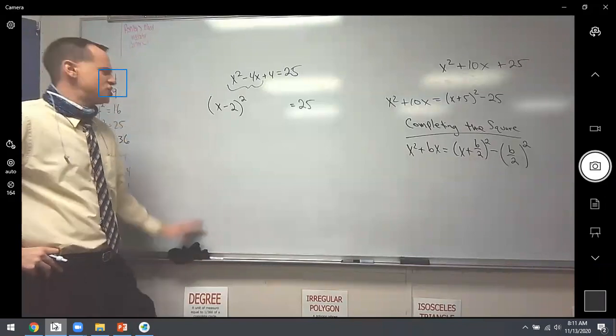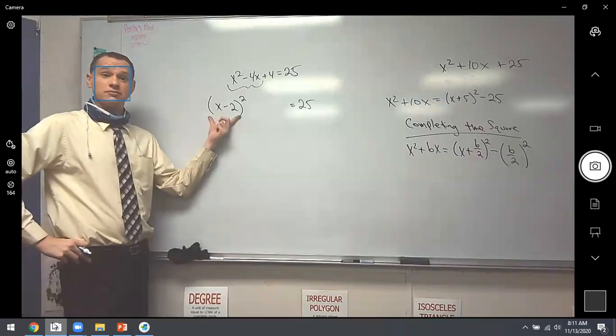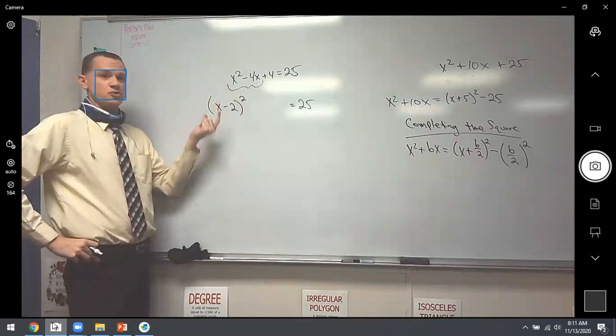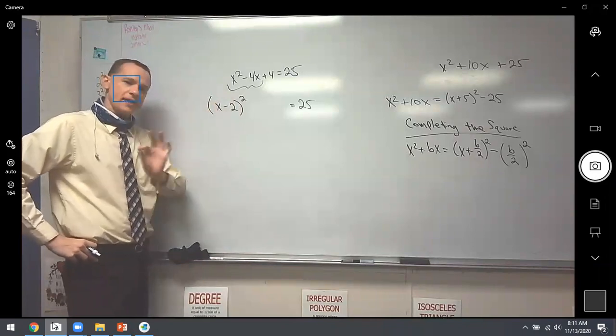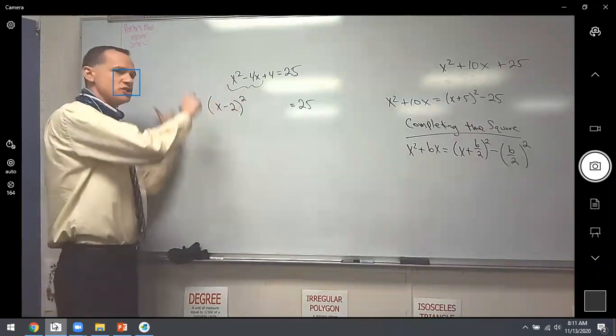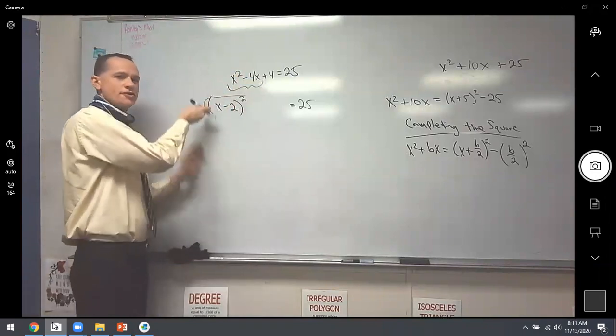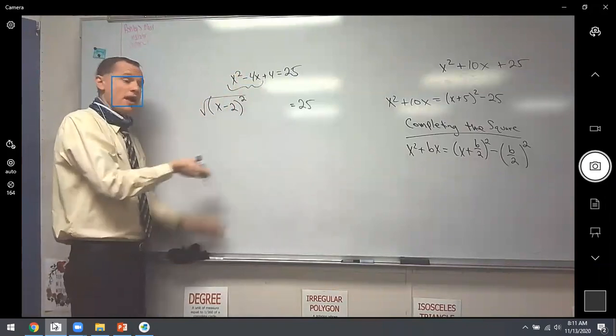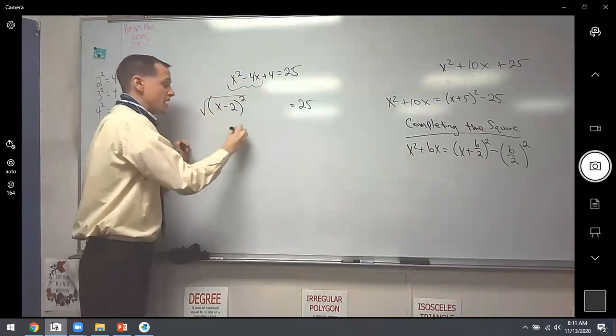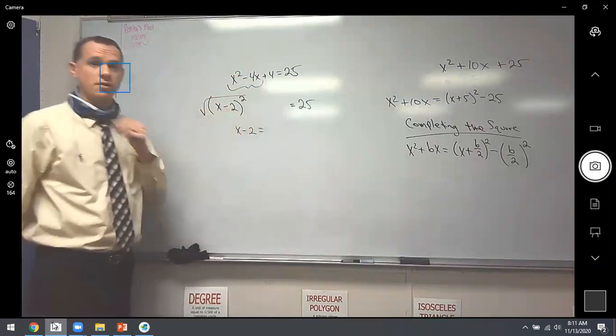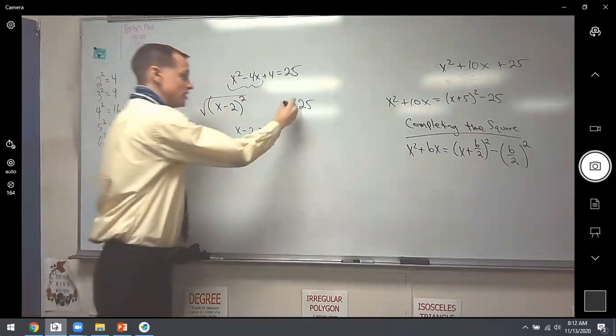Notice what's left is just something squared, correct? Something squared. I don't care what it is, it's something squared. And how do you undo a square? With a square root. So if you take a square root of both sides, on this side, the square and the square root will cancel out, correct? And you're left with whatever there was, which was x minus 2. I just took a square root, didn't I?